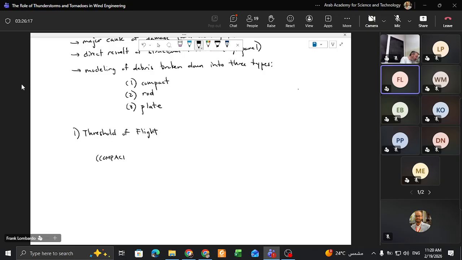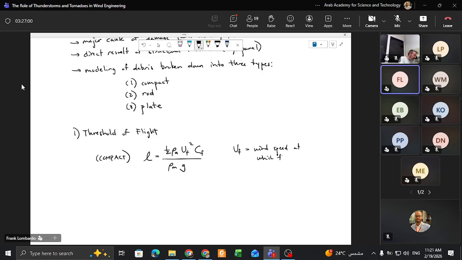So for compact debris, like most other things, it gets non-dimensionalized. This characteristic length scale L is going to be equal to 1/2 rho_a A U_F squared times C_F over rho_m times g, where U_F is the wind speed at which flight occurs.